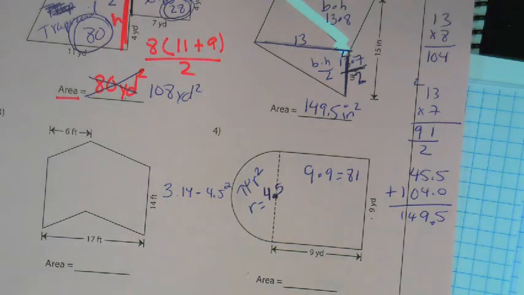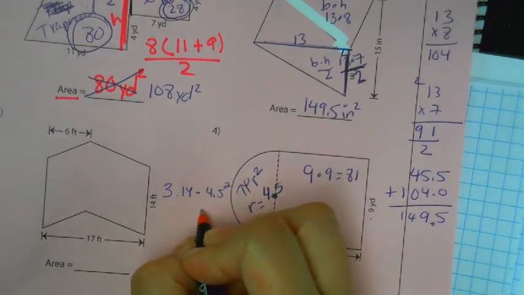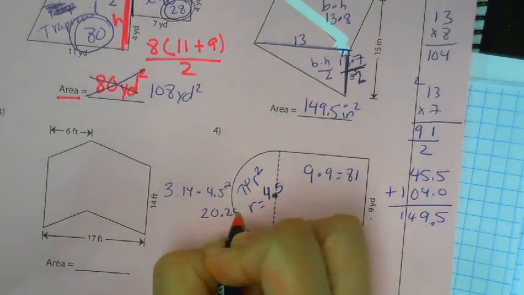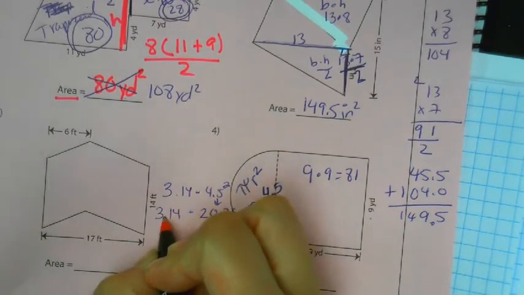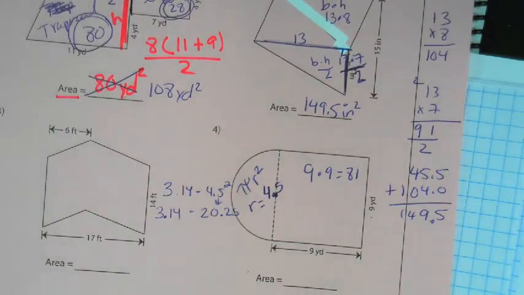Do it. What's 4.5 squared? 23.25? 20.25 times 3.14. Do it. I need you paying attention. We're not going to understand this if you're not with us. Can we use the calculator? Yes, of course.